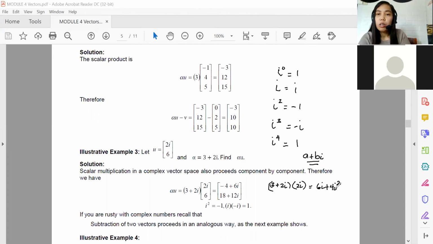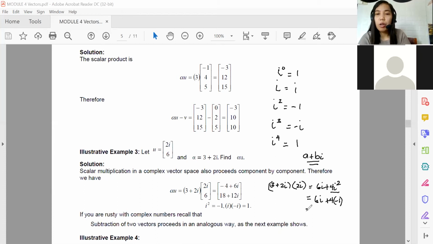So, when we simplify this, magiging ganito ang form lagi niya. Because i squared is equal to negative 1, we will have 6i plus 4 multiplied by i squared, that is equal to negative 1.